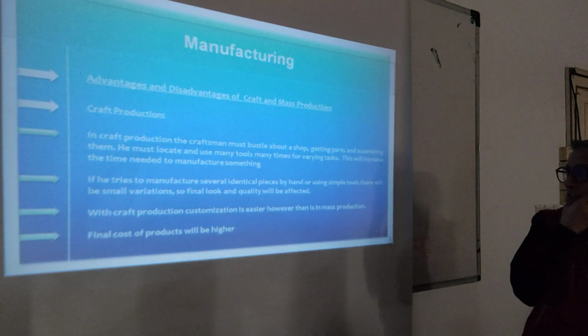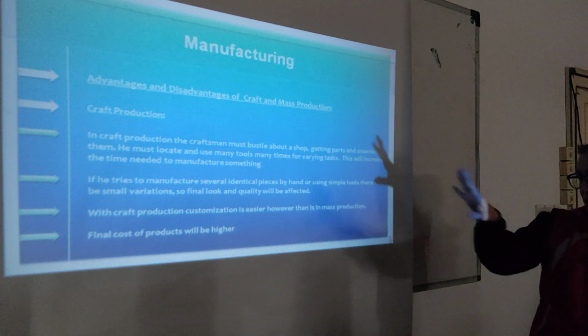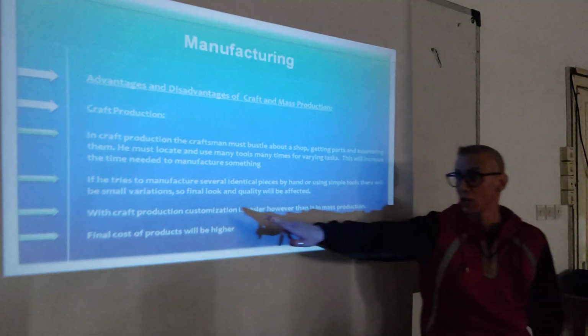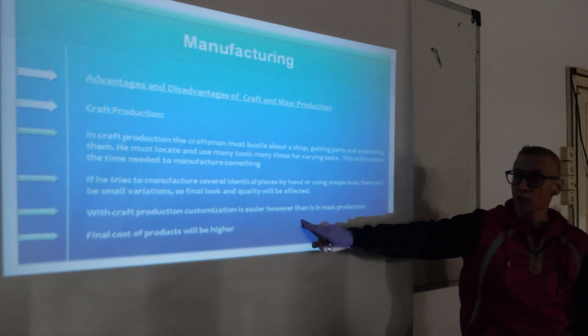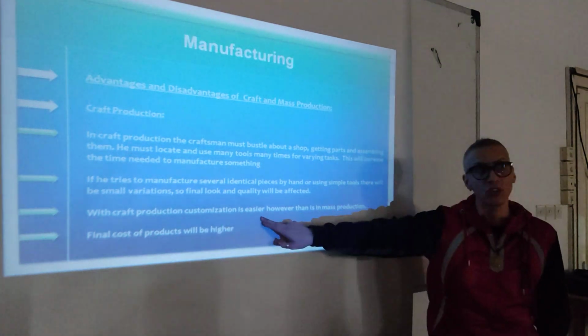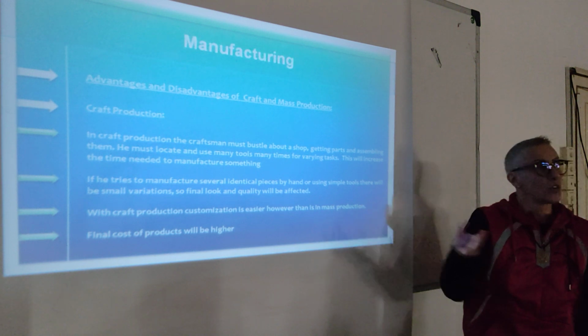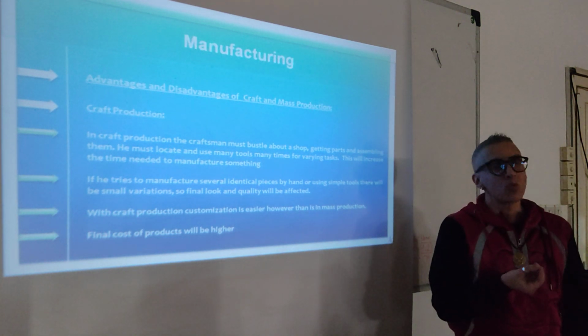Now, most of the things here I already discussed. Let me see if something I haven't. Now, this is an important point also. In craft production, look at this, customization is easier than in mass production. So, customization means what?